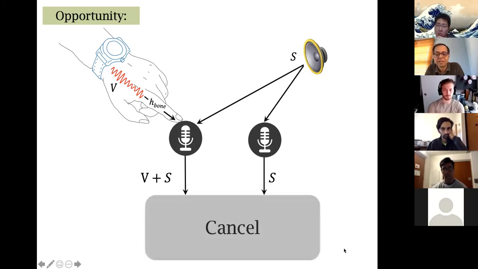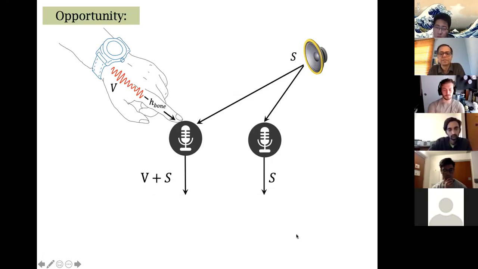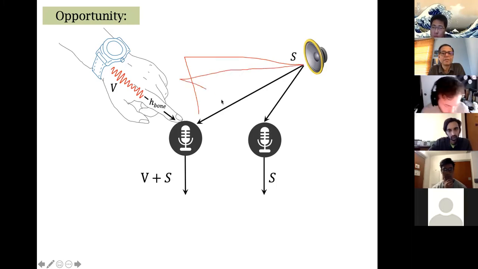There is multipath as well. Make sense? So your delay is not just your AOA, angle of arrival delay.